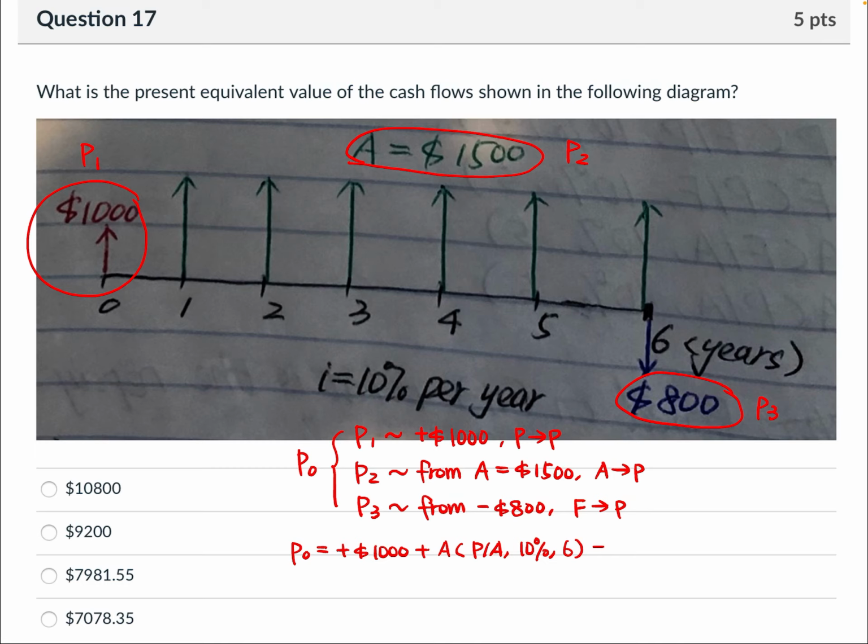So the formula is F times P slash F, 10%, 6. Now you just need to calculate.